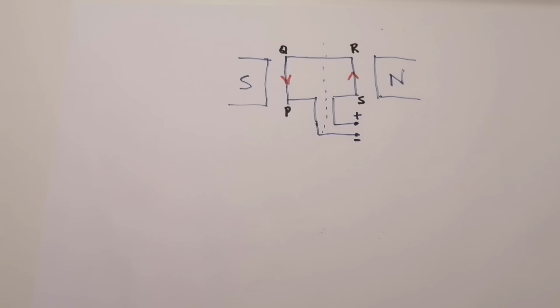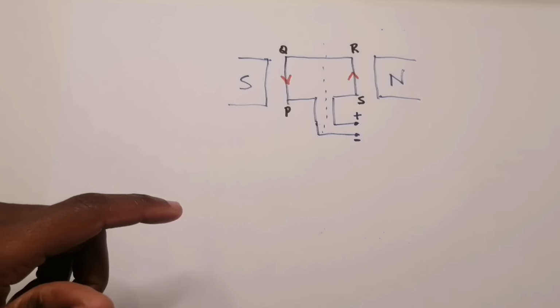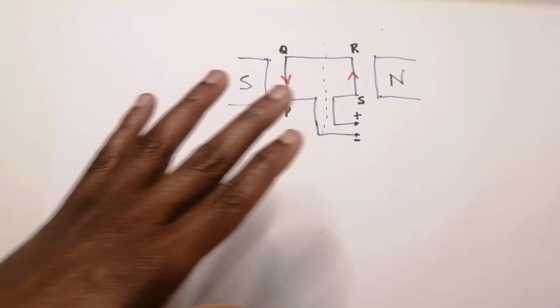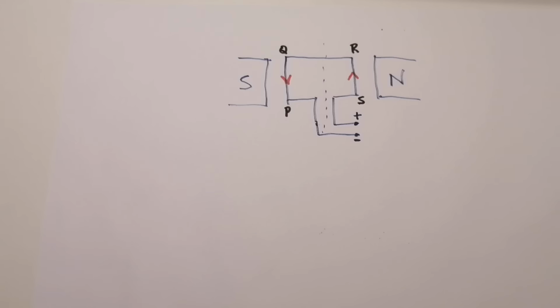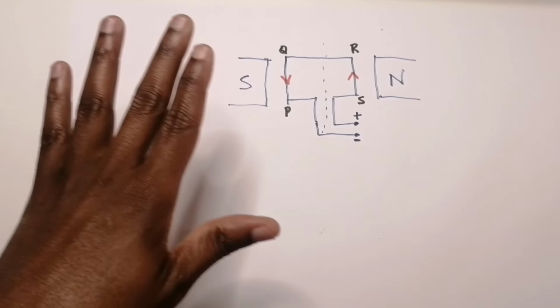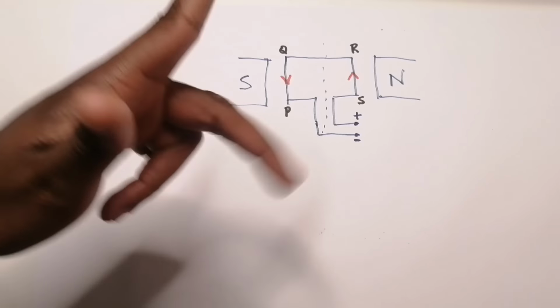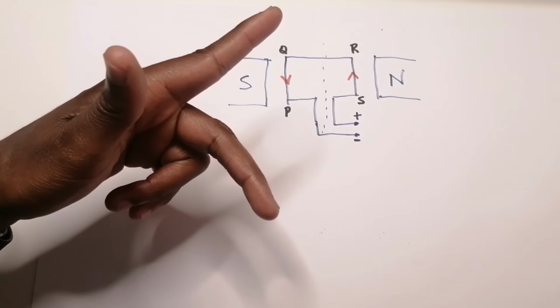On side PQ, where is my current going? This is my left hand. This will be a little bit challenging to do, but we'll try to do that together. I'm taking my left hand. We said the second finger shows us the current, right?